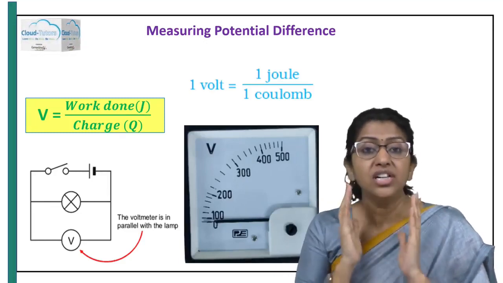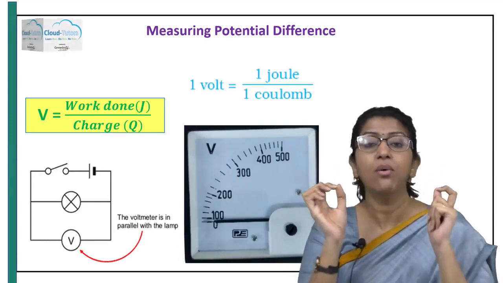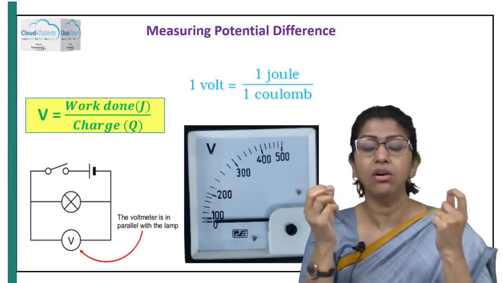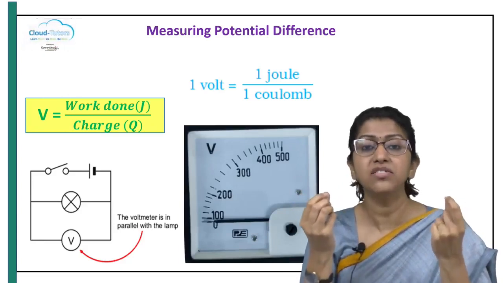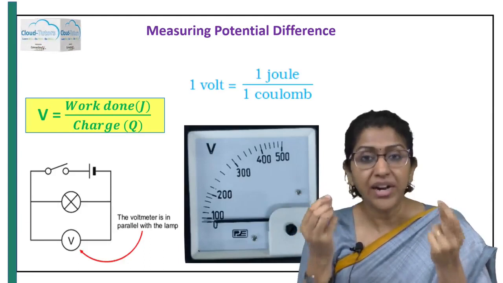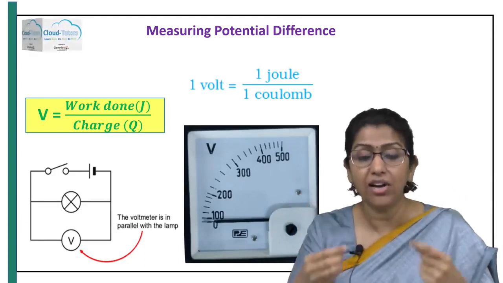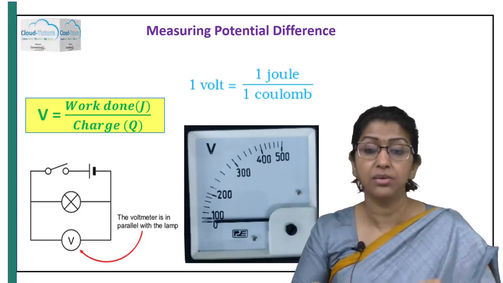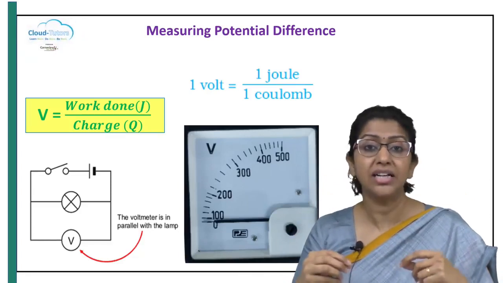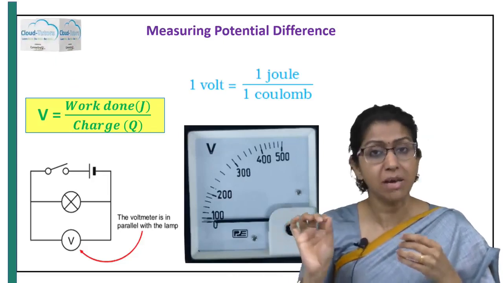Now, potential difference is between two points in a circuit. So when we have to measure the potential difference across a conductor or between two points, we will have to connect the voltmeter in parallel, or across the points, whereas the ammeter has to be connected in series with the component through which the current needs to be measured.